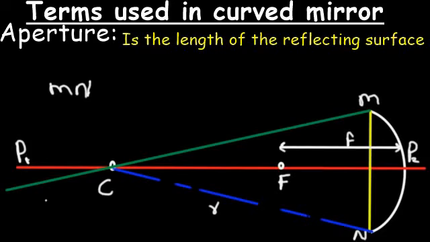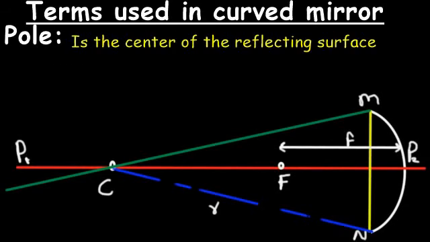Alright, so let's talk about the second term you need to be familiar with. The pole. What is the pole? The pole is the center of the reflecting surface. I will be directing this question to you.